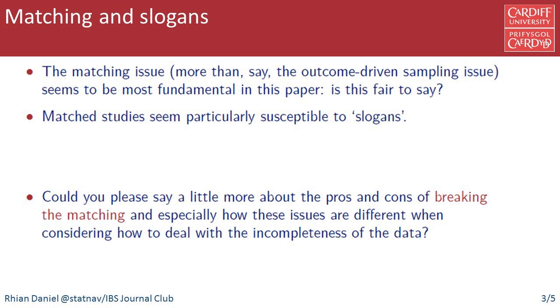And so effectively, although you didn't want to exclude the 2 controls, you do end up excluding them. Whereas if you break the matching, you can keep those 2 controls in the analysis and therefore use data on those controls. So those I think are possibly the main reasons for breaking the matching.